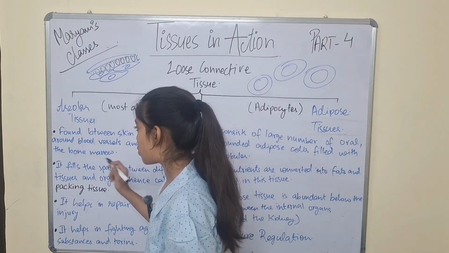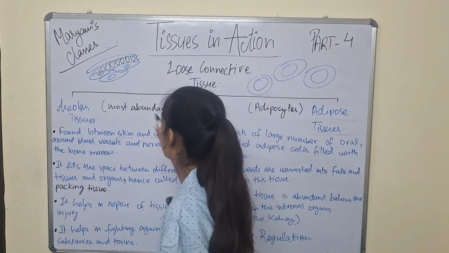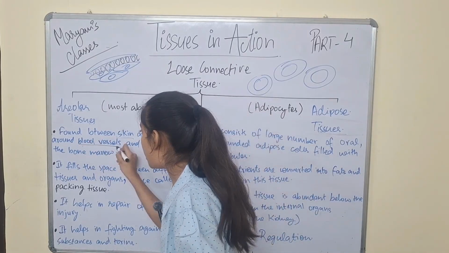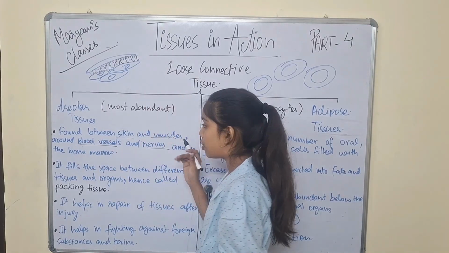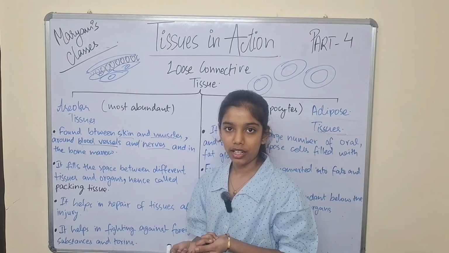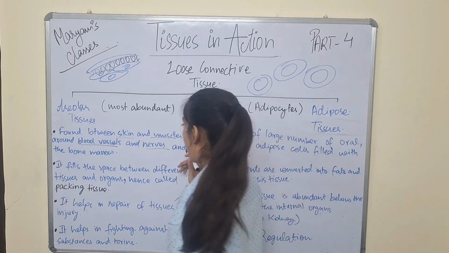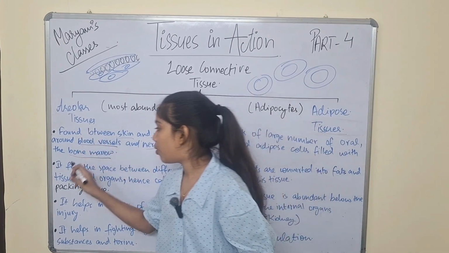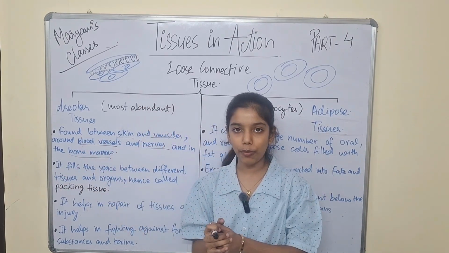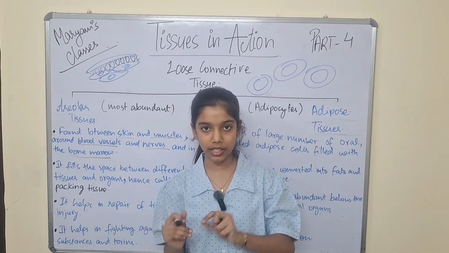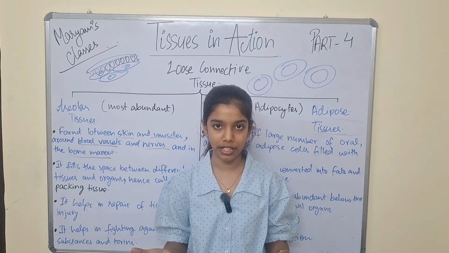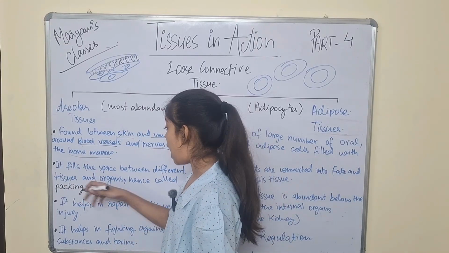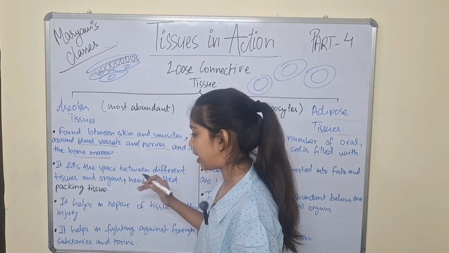Areolar tissues are found between skin and muscles. This is the one example that I have given you, skin and muscles, and also around blood vessels and nerves, and in the bone marrow. So this areolar tissue can be found between any empty space. It fills the space between different tissues and organs, hence called packing tissue.